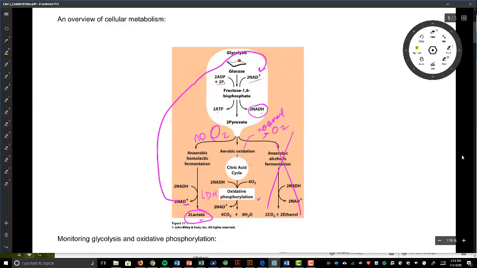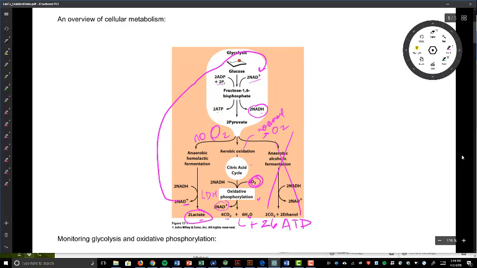And like with anaerobic fermentation, oxidative phosphorylation takes those 2 NADH molecules produced in glycolysis and oxidizes them. It also produces CO2 and water. You can see there the oxygen is consumed during oxidative phosphorylation, but it also produces 26 ATP molecules.